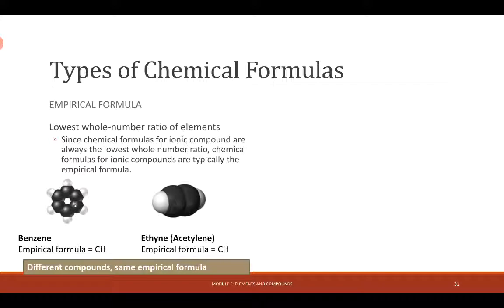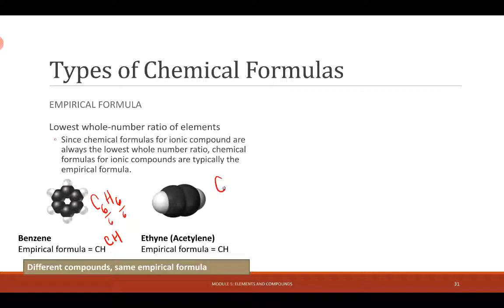So this chemical compound is benzene, which has a molecular formula of C6H6. But the lowest whole number ratio would be 6 and 6. Well, both are divisible by 6, and so the lowest whole number ratio is 1 of each.